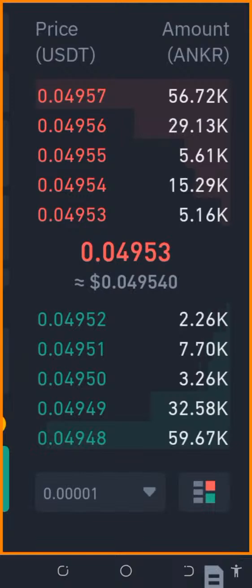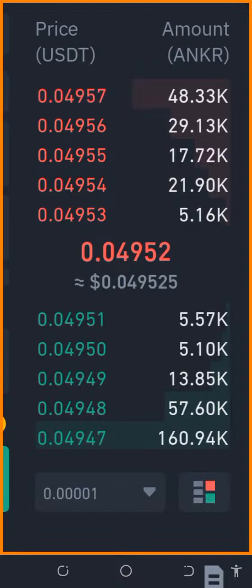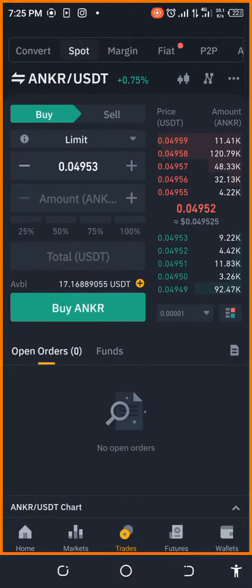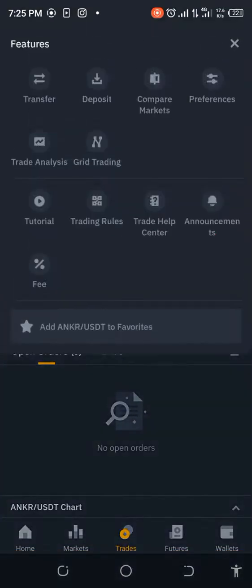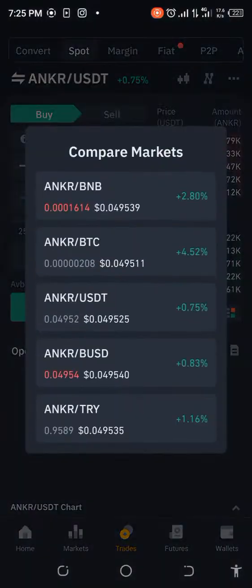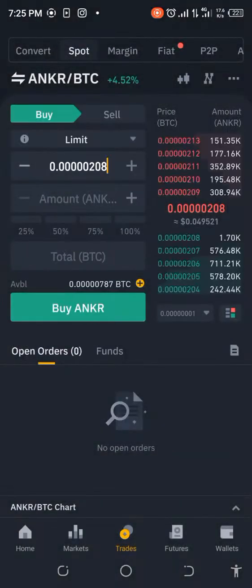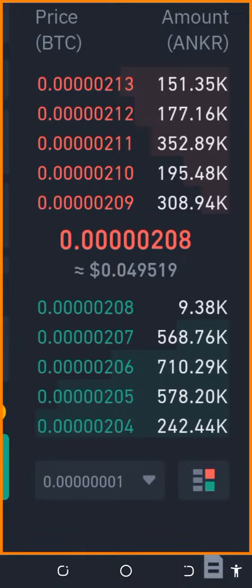It may not be as fast as BTC USDT, but it's moving, which shows that people are buying and selling. If you check the BTC leg also, it's the same. There's velocity in both. It's not as fast as the USDT leg, but it's moving gradually.